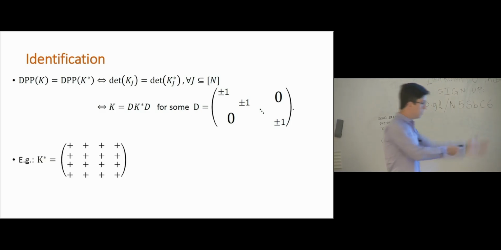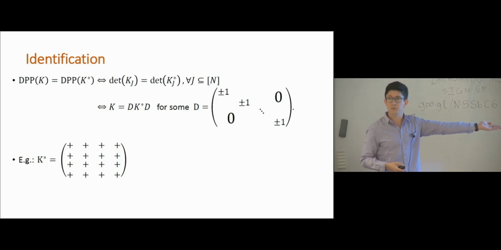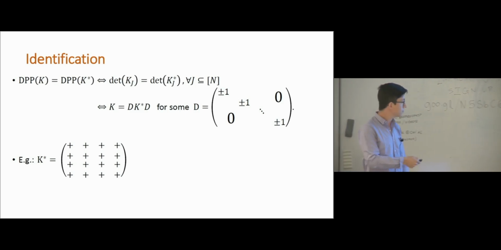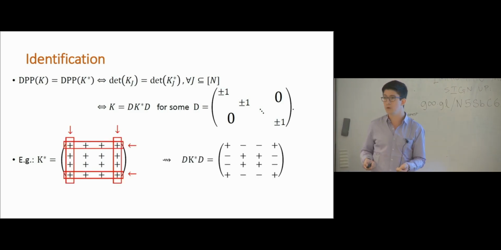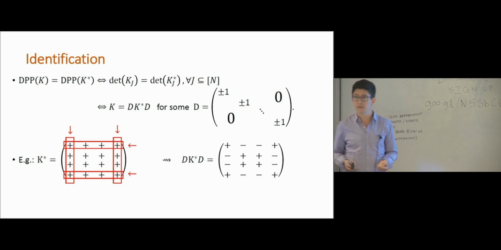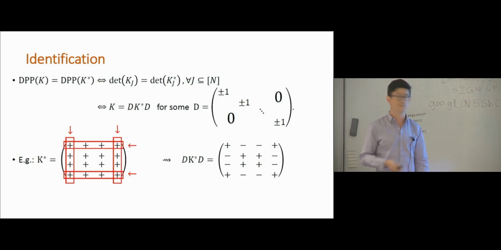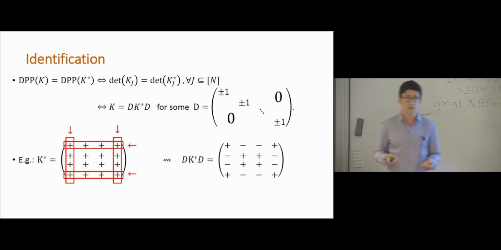You can see that this is the same as, for example, if you take K star in this form, where some values are positive, and here I only write the signs, it's the same as choosing some columns and rows and flipping their signs. This is the same as pre and post multiplying by such a diagonal matrix. So it means in particular that if you want to estimate K star, you have to estimate the magnitude of the entries and also the sign pattern.